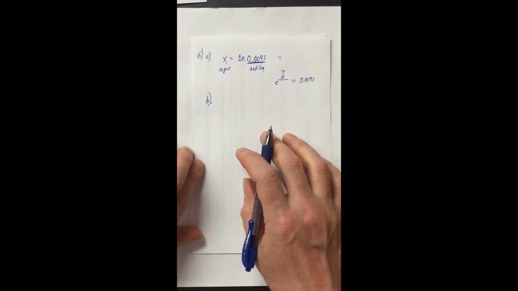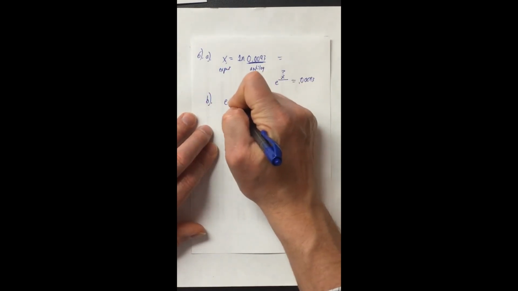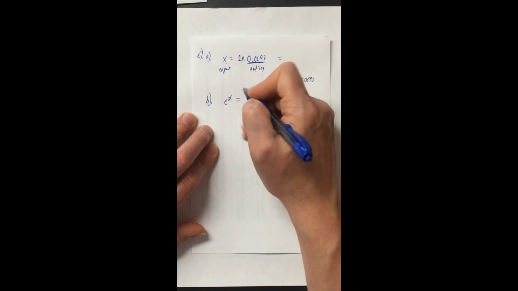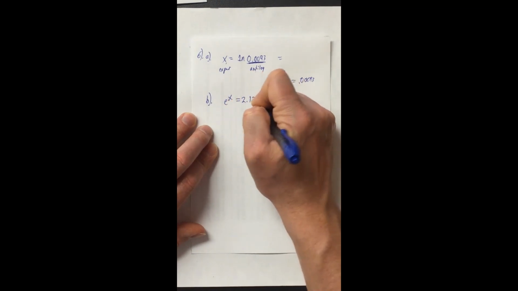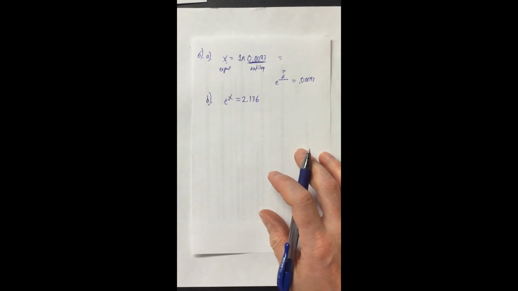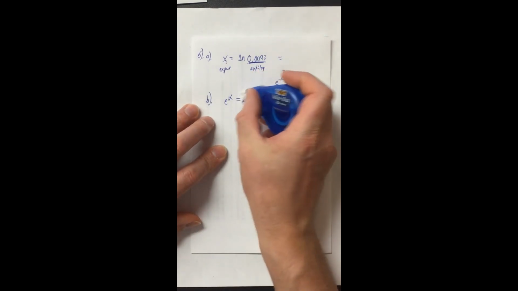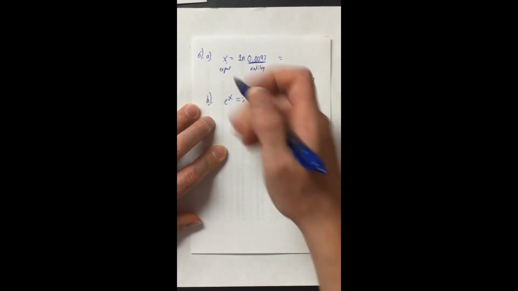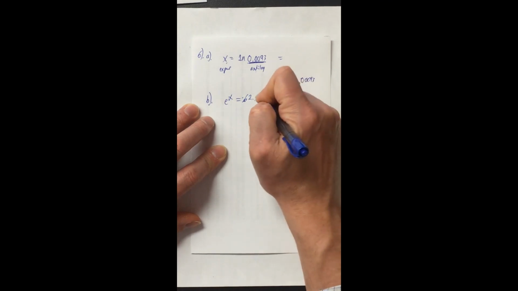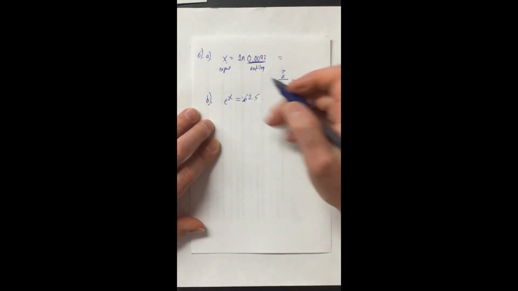On B in the homework, it's set up as e to the exponent is equal to 2.136. Oh, I did that again. I did it on the wrong number. E is equal to 62.5. Okay, so what is that telling us?